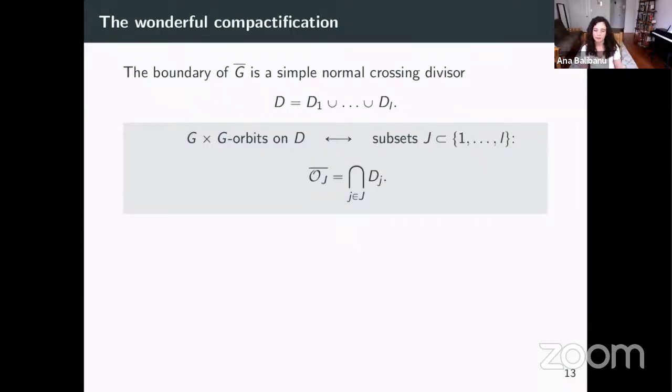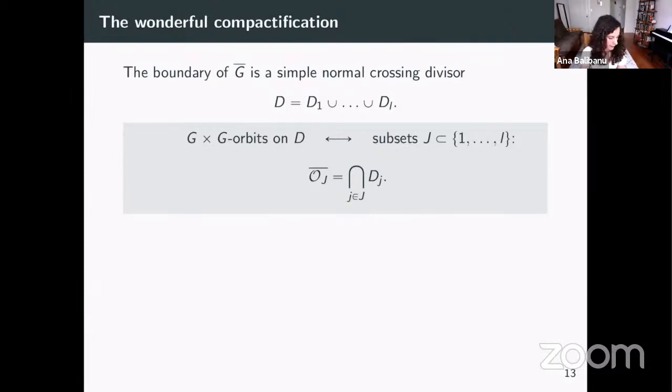So in particular, this already tells us a couple of things. It tells us that orbit closures in the wonderful compactification are smooth because these divisor components intersect transversely. And it tells us that there's a unique closed orbit of minimal dimension, which corresponds to intersecting all of the divisor components.